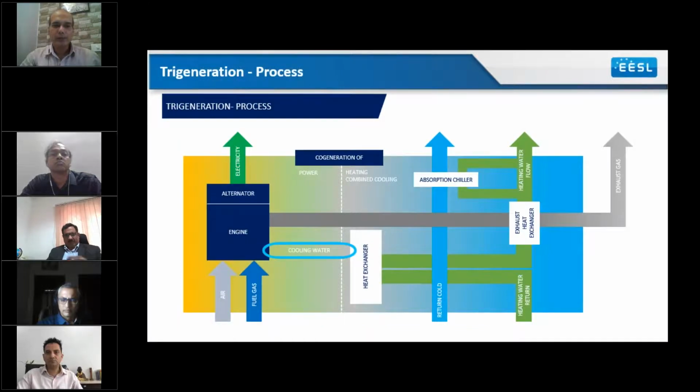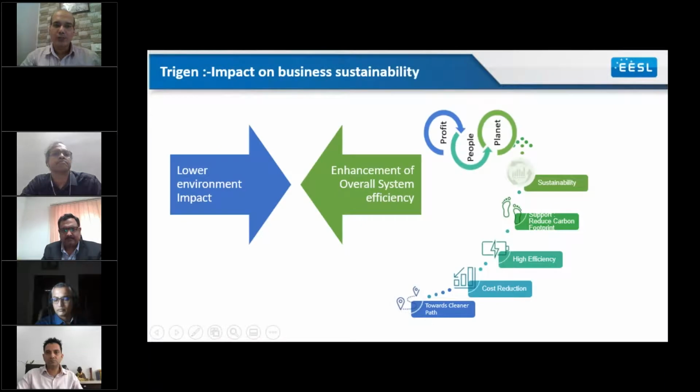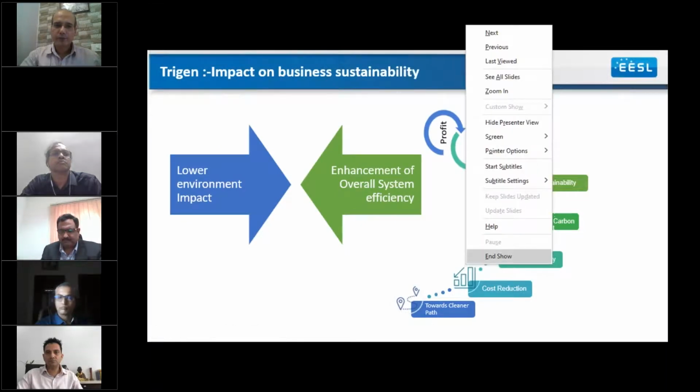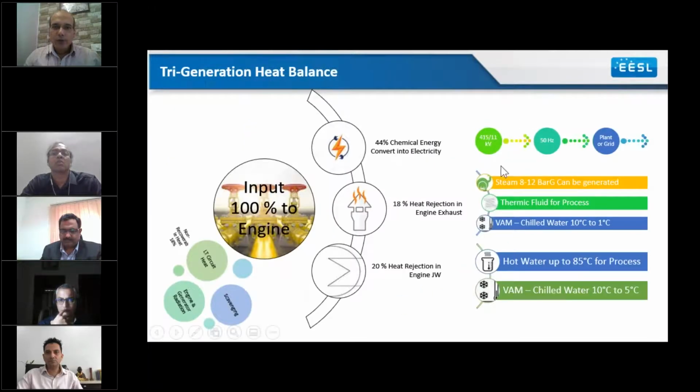In our tri-generation system, we use piped natural gas to generate electricity, and there are two forms of waste heat.